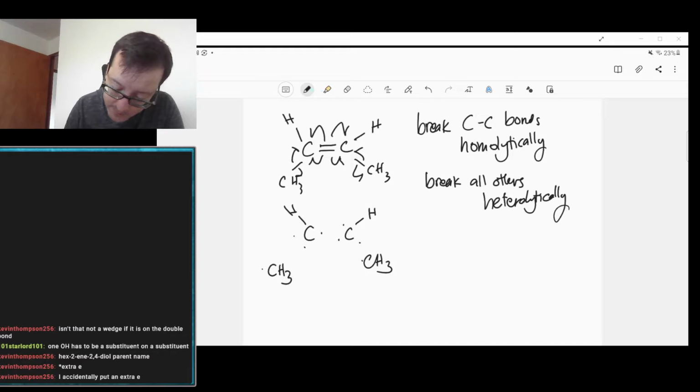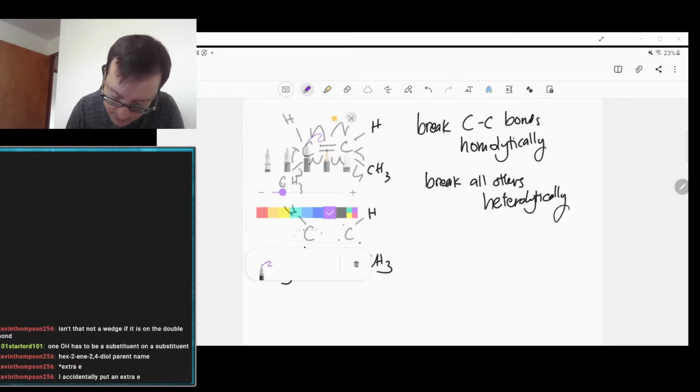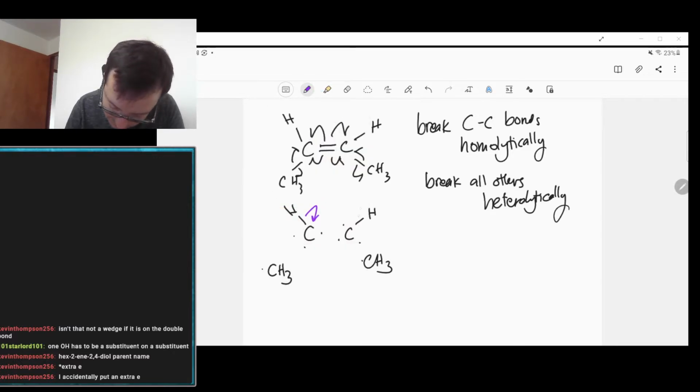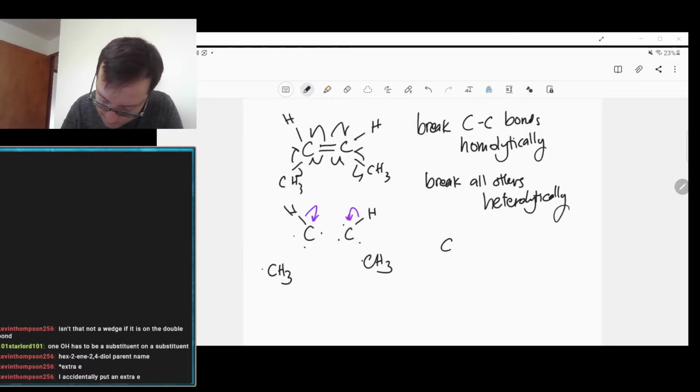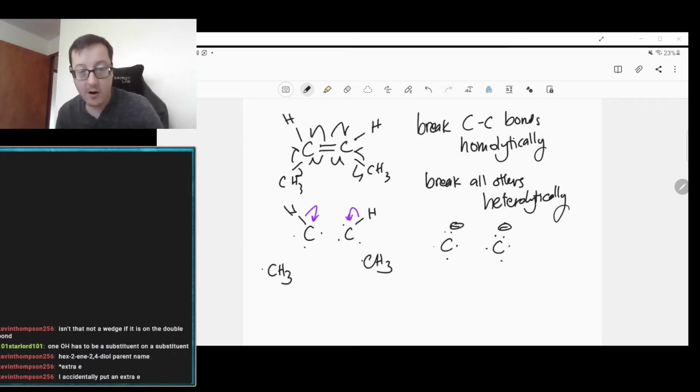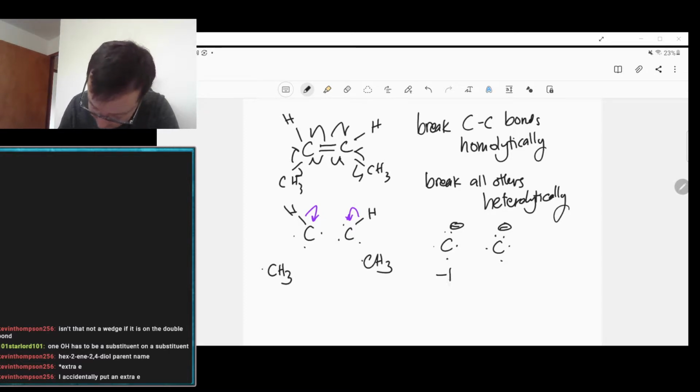And in fact, carbon is more electronegative than hydrogen. So those electrons are all going to go to carbon. And as a result, in both cases, we have carbon that is negatively charged. They have 5 electrons, that's a minus charge on carbon. And so these will both have an oxidation number of -1.